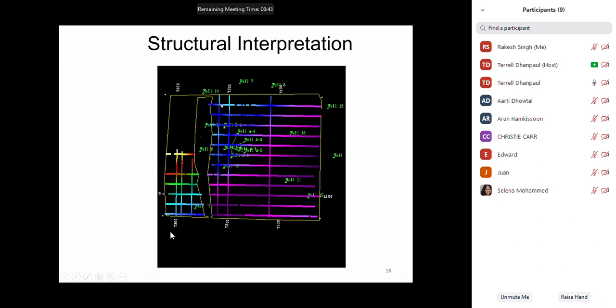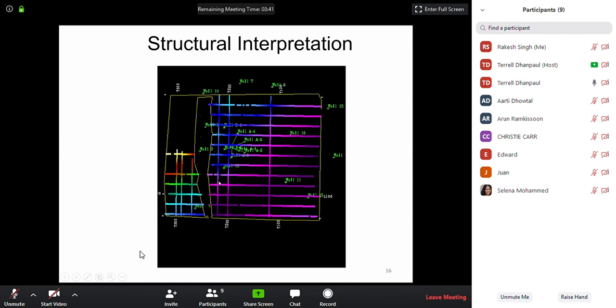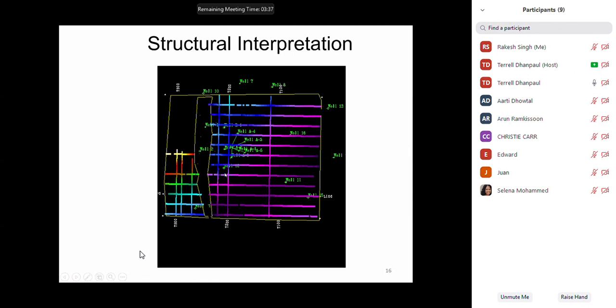The colored horizontal and vertical lines inside are seismic lines that you arbitrarily choose at a certain interval, and then you do interpretation on them. You do your horizon mapping, and this polygon in the center here is a fault.